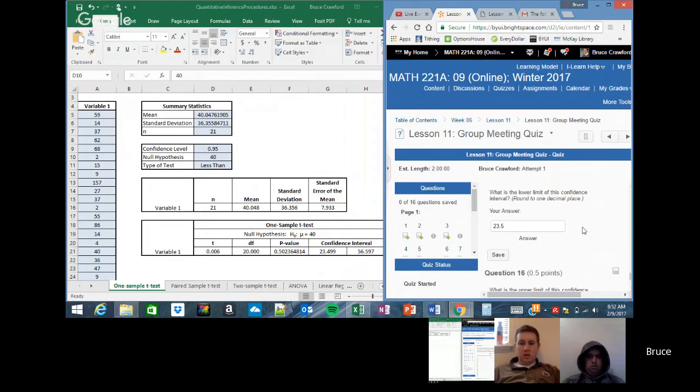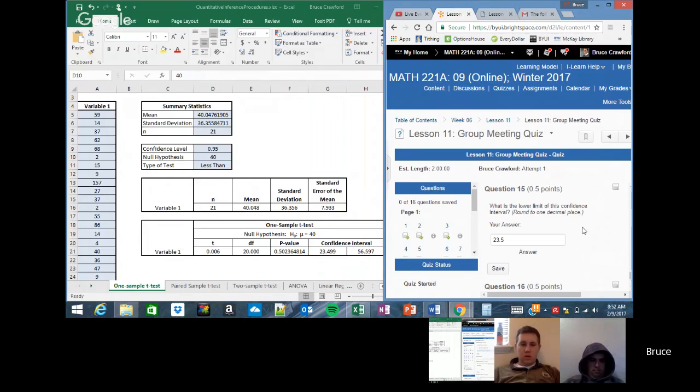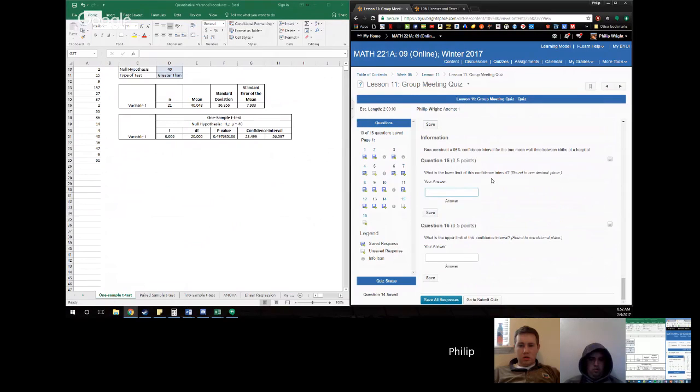Be careful on the next two. You only round to 1 decimal. Oh, okay, thanks. So that would be 40 minus... Is this what you guys are getting, as far as your maths?